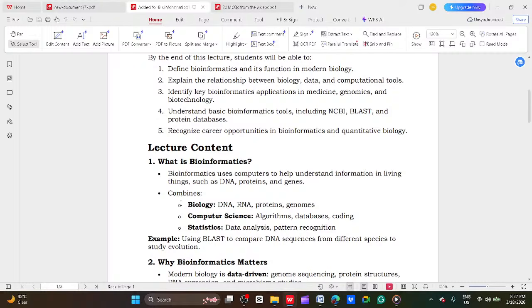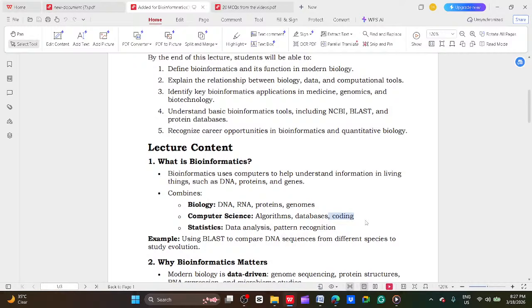bioinformatics will combine biology and computer science. The areas of biology we'll be dealing with include DNA, RNA, proteins, and genomes. In the area of computer science, we'll be talking about algorithms, databases, and sometimes coding.